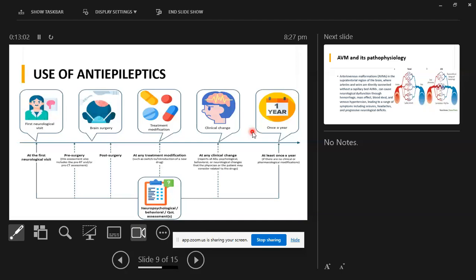The anti-epileptics we commonly use are levetiracetam, phenytoin, and carbamazepine, all used prophylactically. But as I have mentioned, they are controversial, and some studies show a reduction in seizure risk while others do not. And we may use these anti-epileptics as a monotherapy.